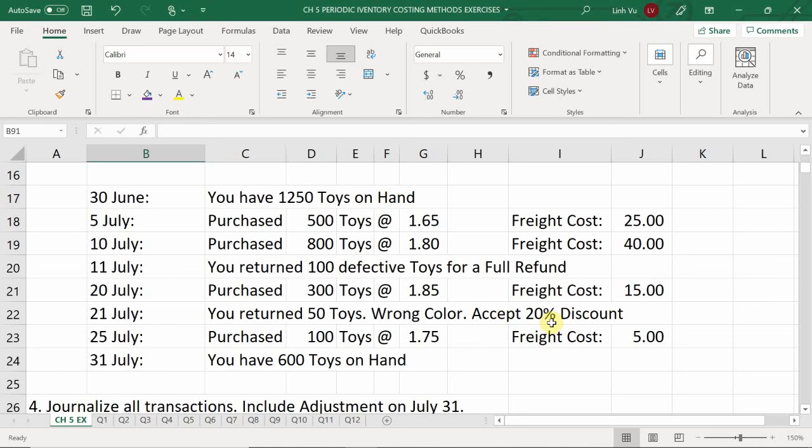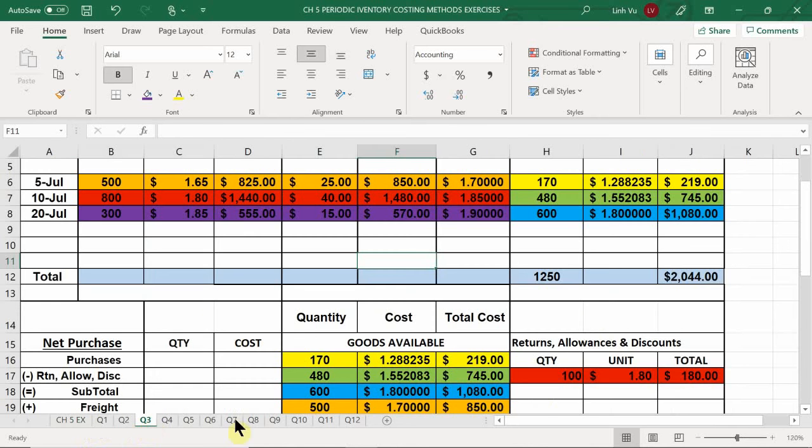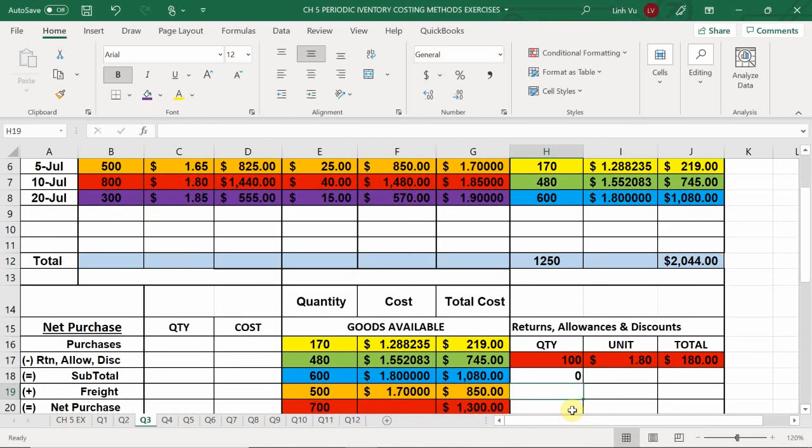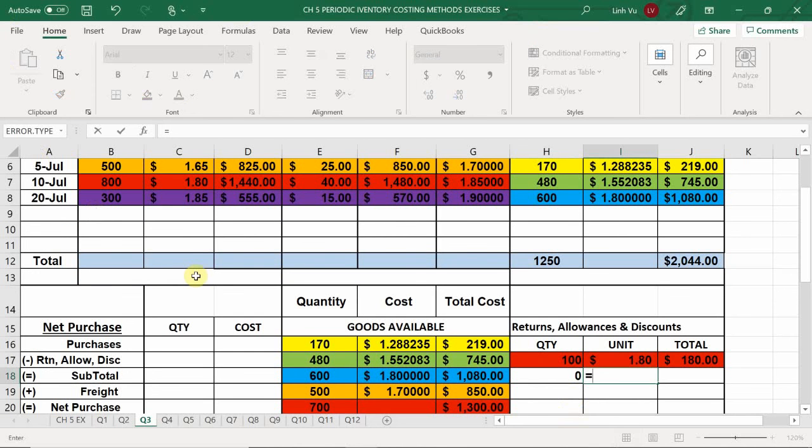Okay, so how are we going to figure out this 20% discount amount? Did we actually return anything? No. Okay, how much is it going to cost me per item to refund?